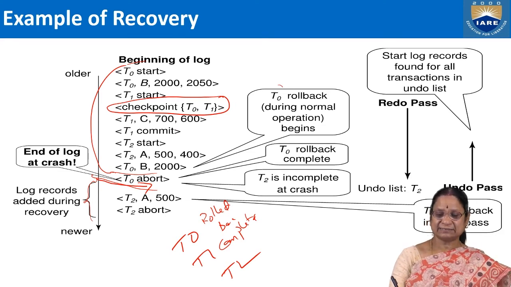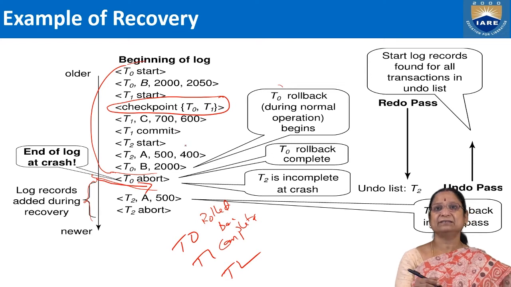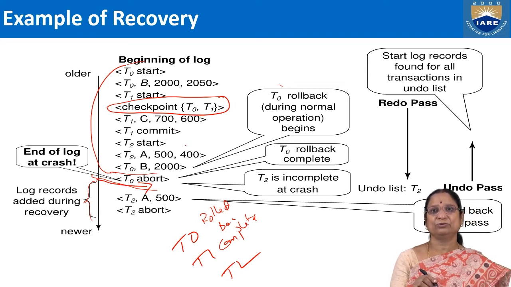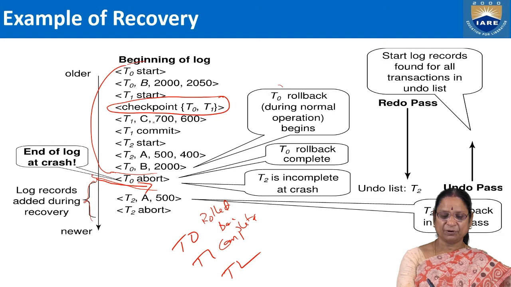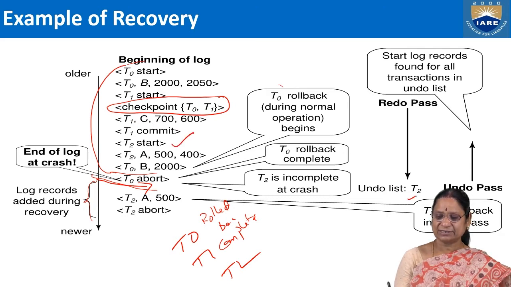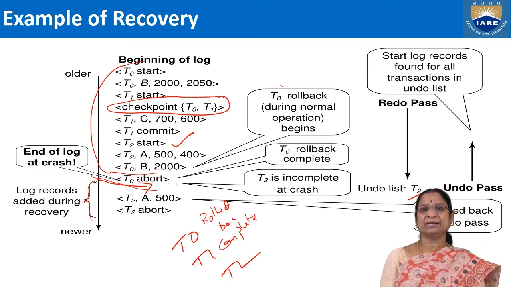So in the redo process, we start from here. Whenever we get an abort or commit, those transactions are completed or rolled back, so no need to include them in our undo list. But coming to T2, after the checkpoint, T2 start is there, so I include T2 in the undo list. But till the end, T2 abort or commit is not encountered.